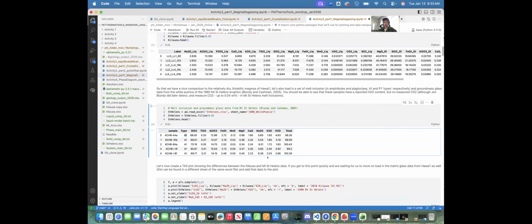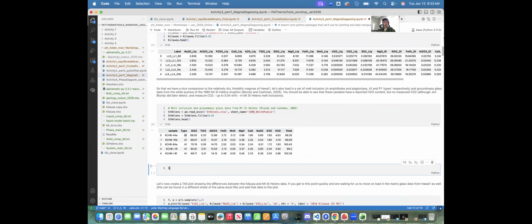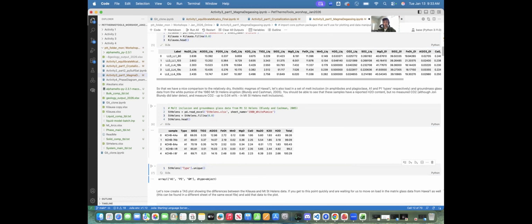If we wanted to investigate this, because you're all experts with pandas now, you can do St. Helens type dot unique. This will take all the unique values in this type column. So we have amphibole inclusion, plagioclase inclusion, and groundmass. Here we have 3 different types of glass measurements from the 1980 white pumice that we're loading in here.